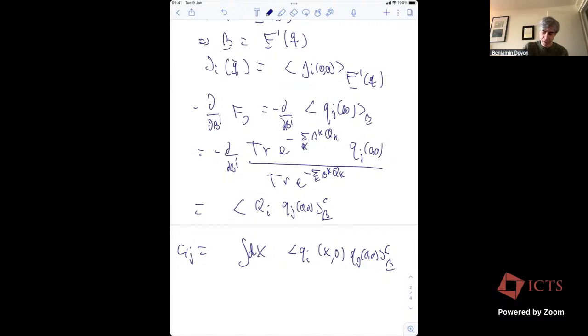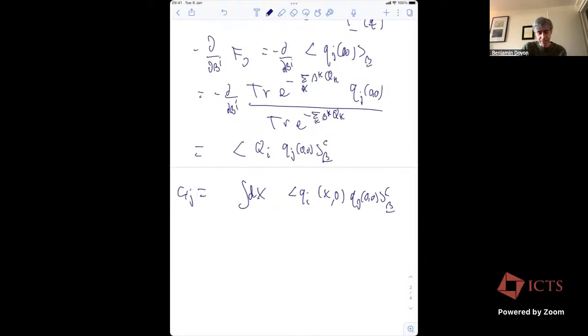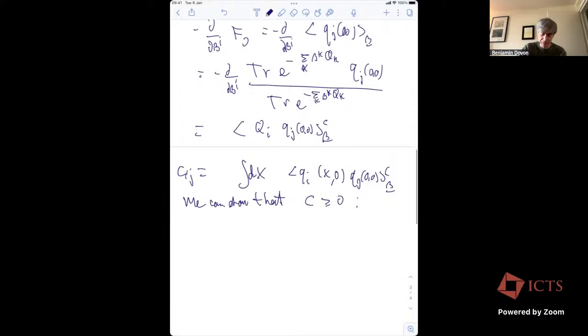Well, it turns out that this is indeed positive. Okay, one can show that the matrix C is actually non-negative.